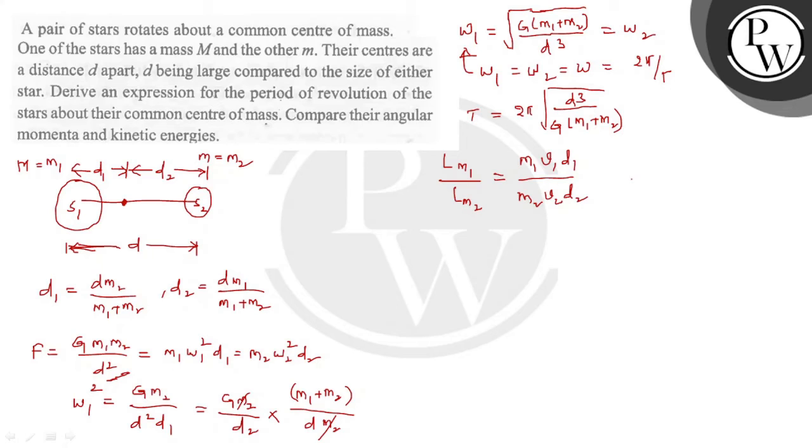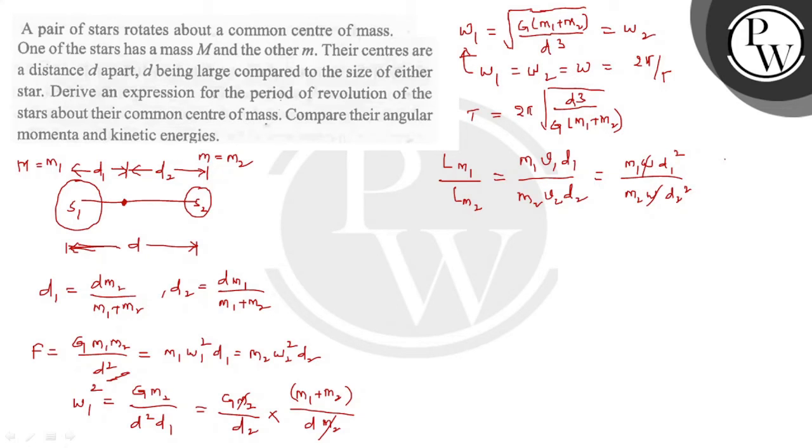Basically it can be written as m1 omega d1 square upon m2 omega d2 square. So omega gets cancelled.